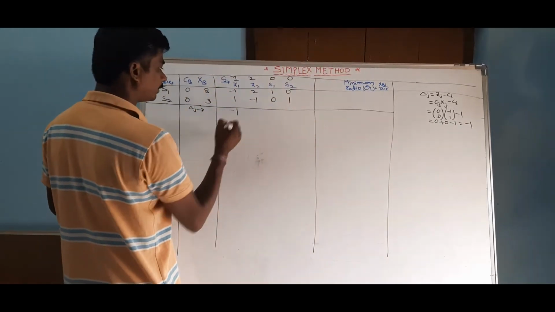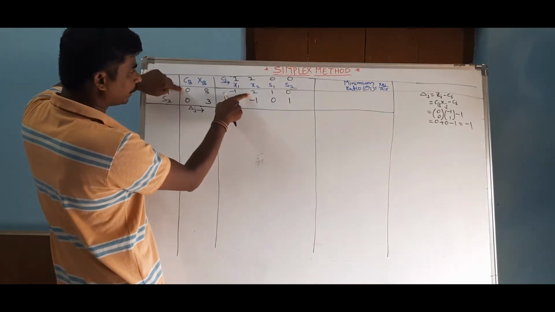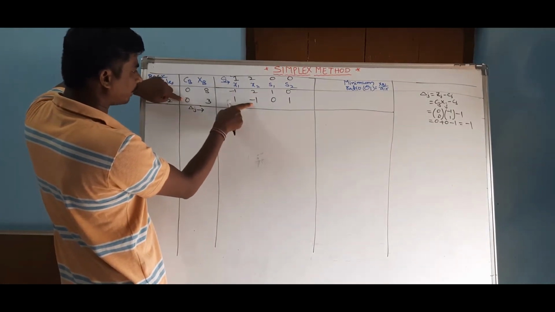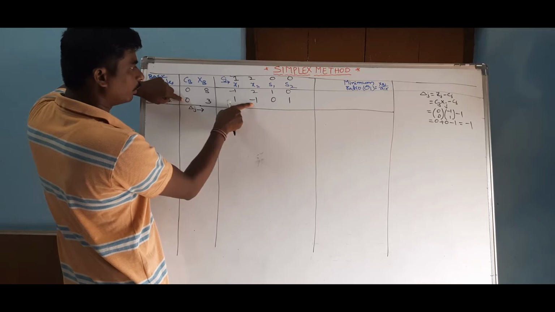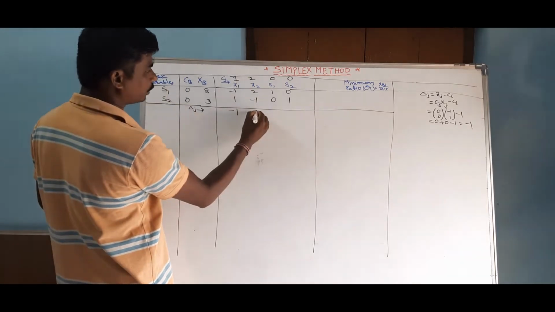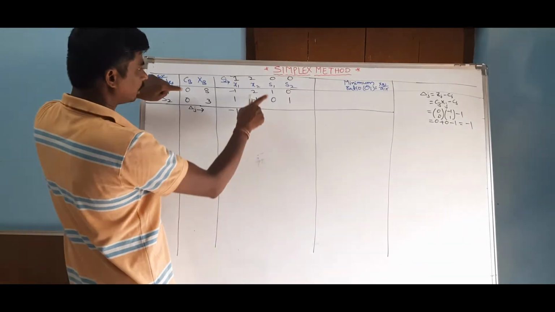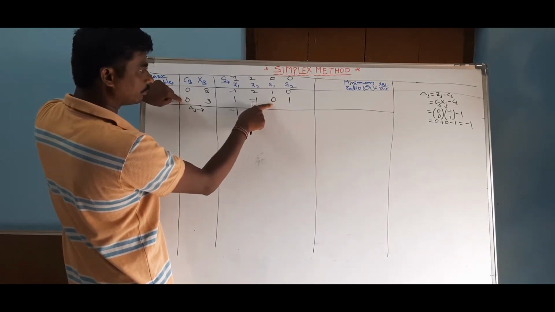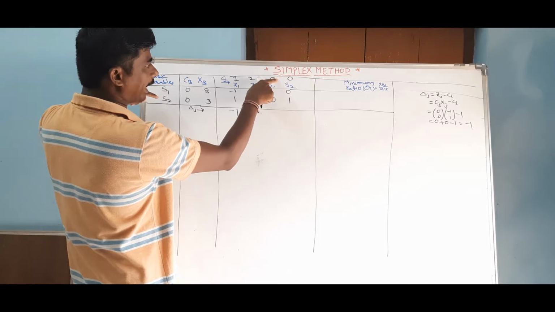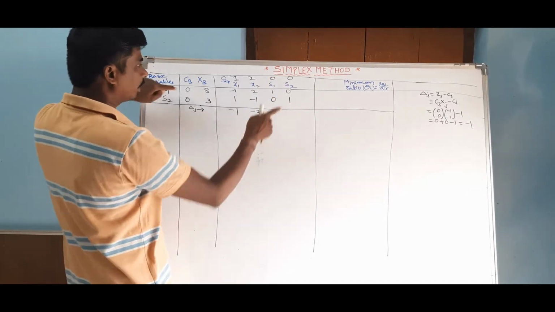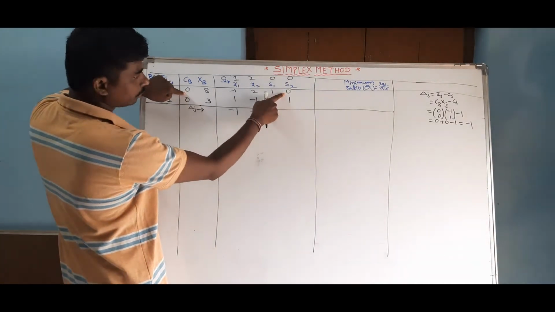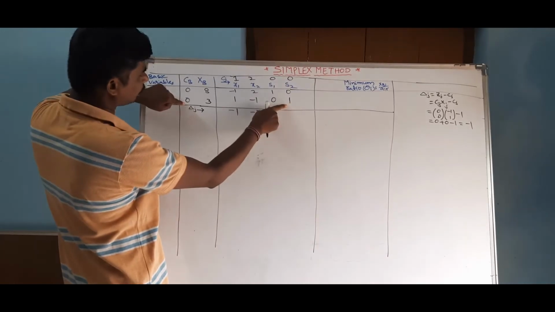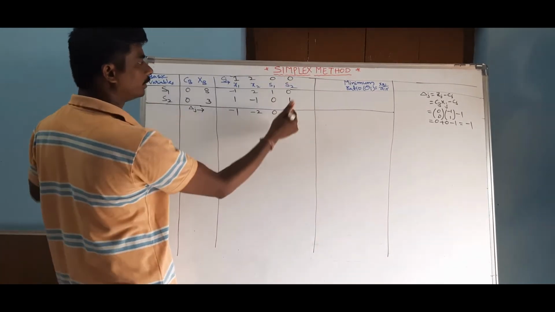Next, 0 into 2 plus 0 into minus 1, minus 2. This is minus 2. Next, 0 into 1 plus 0 into 0, 0. This is also 0. Next, 0 into 0 plus 0 into 1, minus 0, 0.